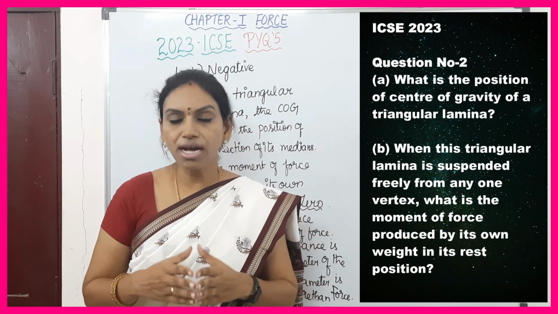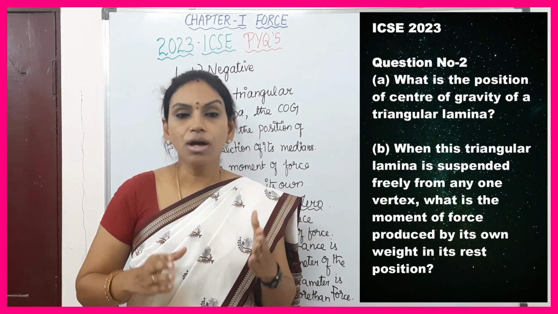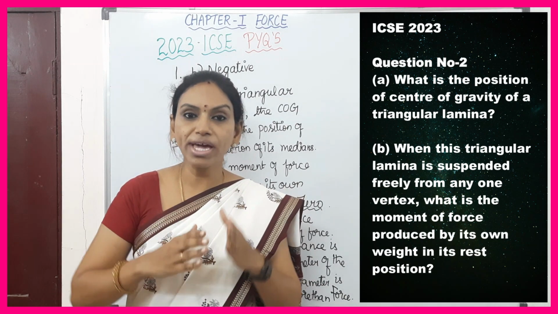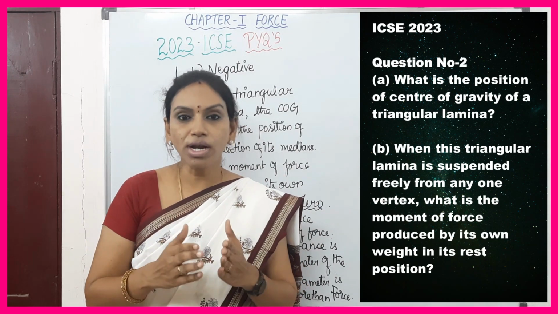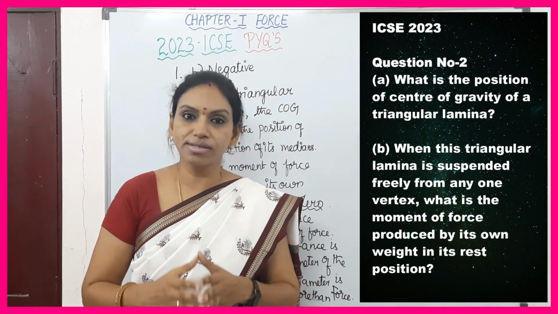So we have a triangle, and where the 3 medians meet, you will get a center. That point is the place where the center of gravity is located.